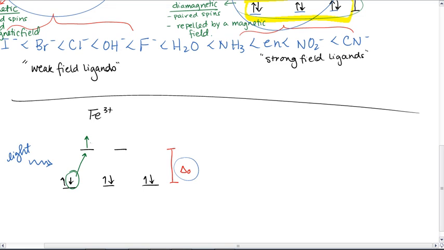Now, as it absorbs that energy, we know that energy is Planck's constant times frequency. We know that frequency times wavelength is equal to the speed of light. And so let's say that energy gives us a frequency. Of course, with that frequency, we can calculate a wavelength of light. If that wavelength of light, let's say, corresponds to an orange wavelength, I'm just making one up, will my solution be orange?